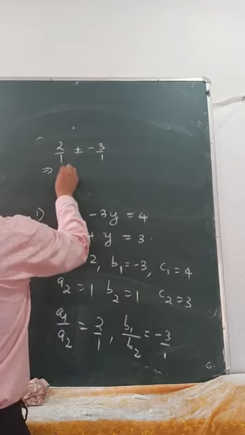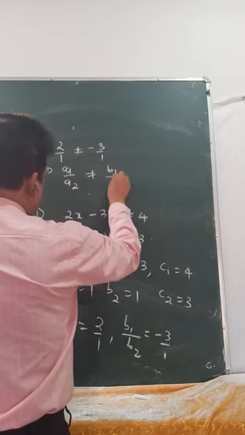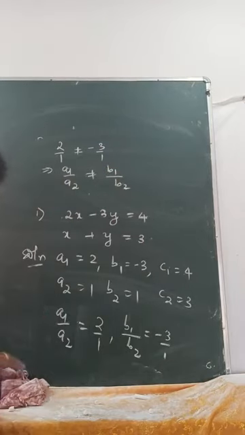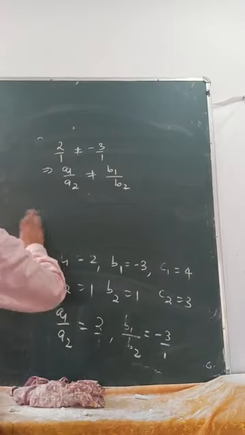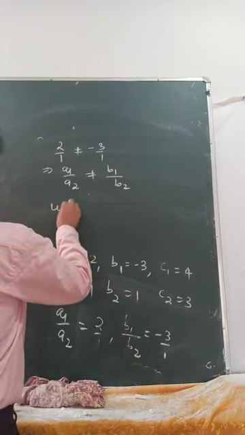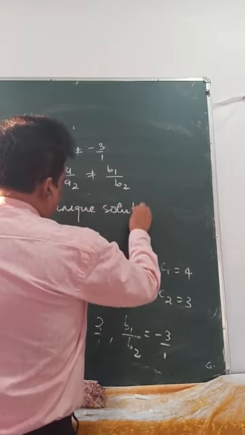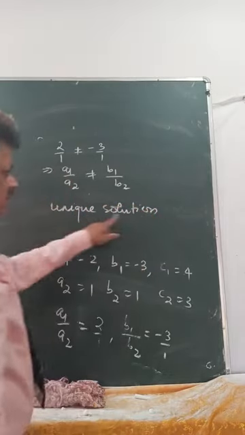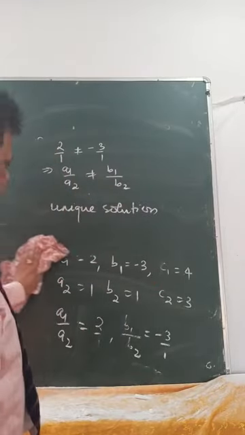Means a1 by a2 not equals to b1 by b2. So what is the nature of solution here? The solution is unique solution. Means you have one value of x and one value of y. This is how you test what type of solution you have.